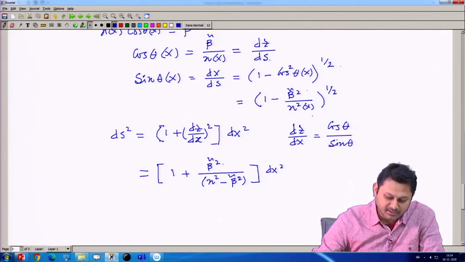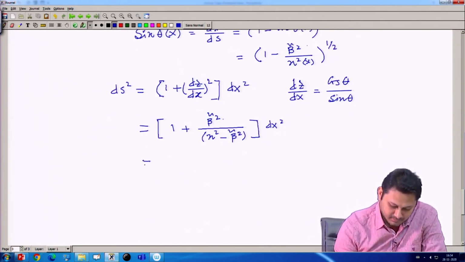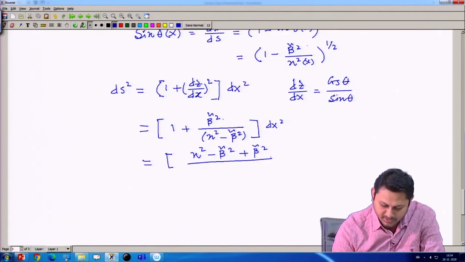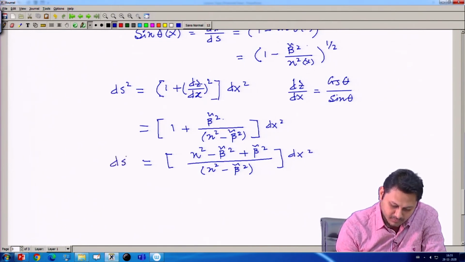So, this n square of x and that n square of x will cancel out. So, eventually I have this quantity, n square minus beta tilde square plus beta tilde square divided by n square minus beta tilde square, times dx square. This is my ds square.